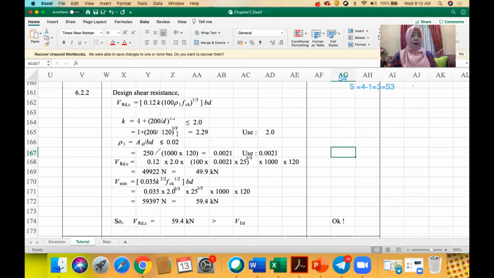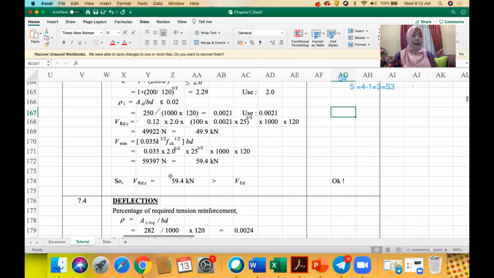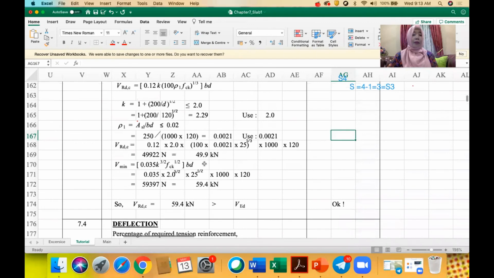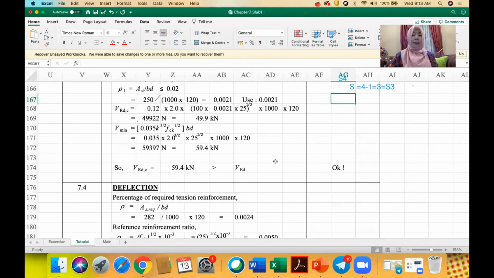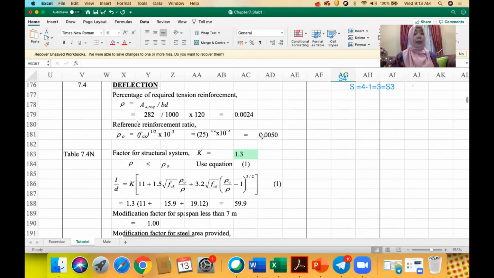So the VED, we got 28, is less than both of them, 49 and also 59. Therefore, the slab will be safe from the excessive shear, so we don't need shear reinforcement.